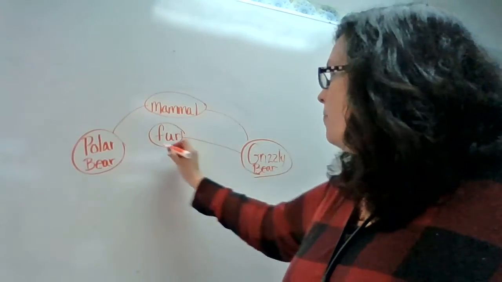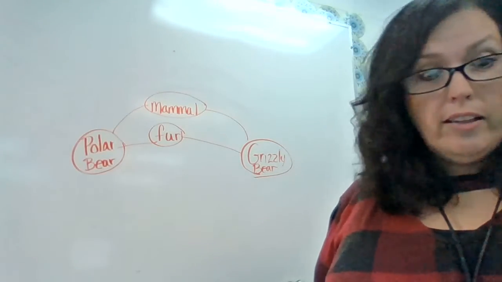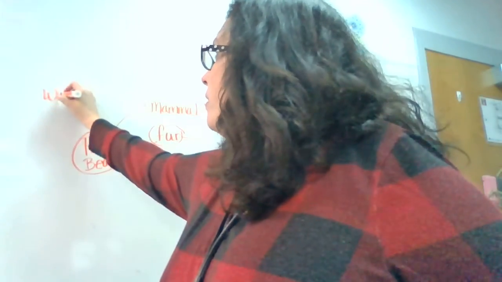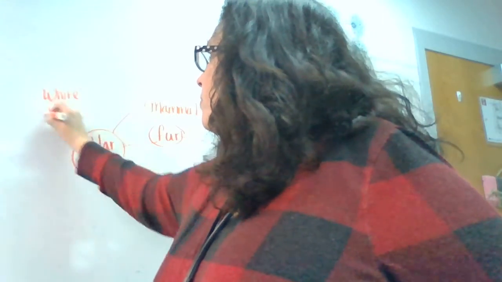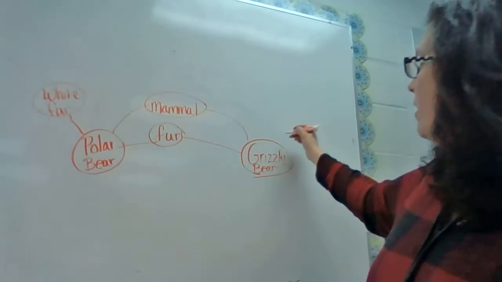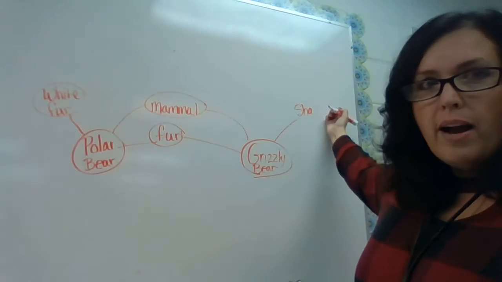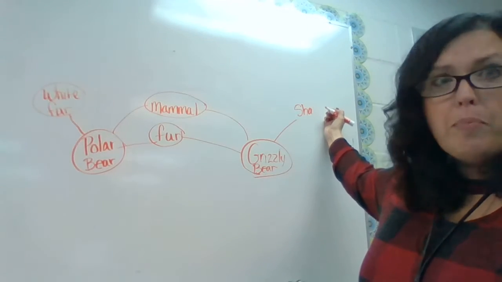But that would be something that we can put down as a contrast because their fur is different colors, right? Our polar bear has white fur. And our grizzly bears are all shades of brown, right? Because it was like reddish brown and all different. Then there was brown and then they had blonde, right?